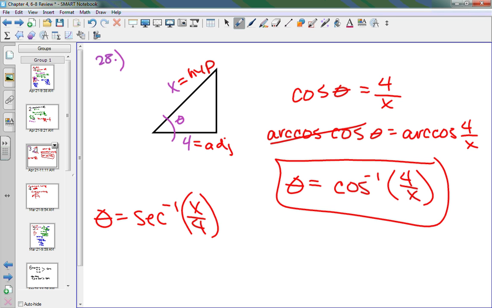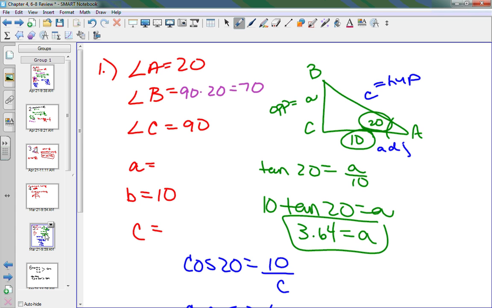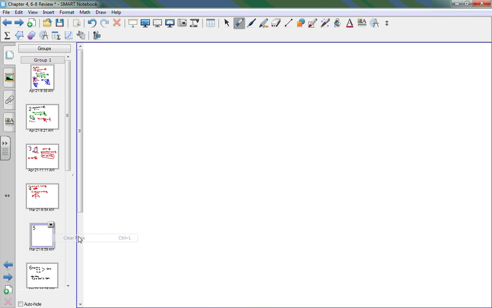Okay, 4-8. Now, on section 4-8, if I had to do number 1, for example, you have 3 problems that look like this tomorrow. Number 1, angle A is 20.